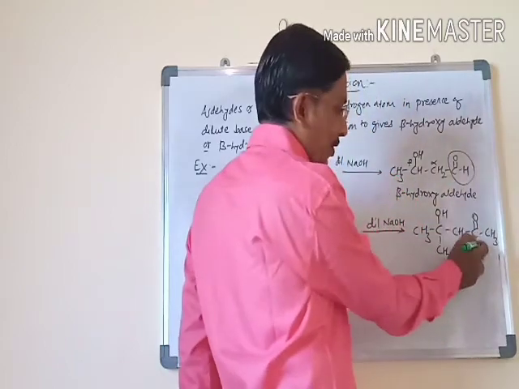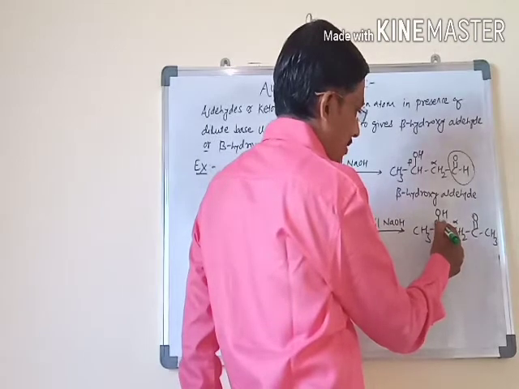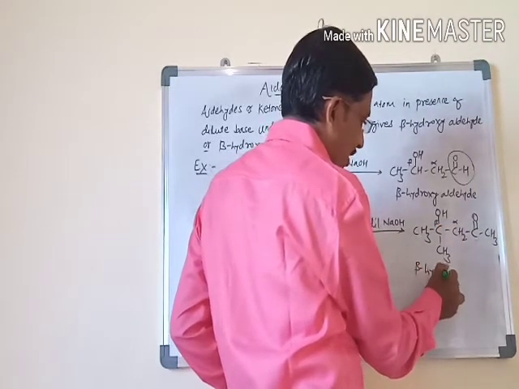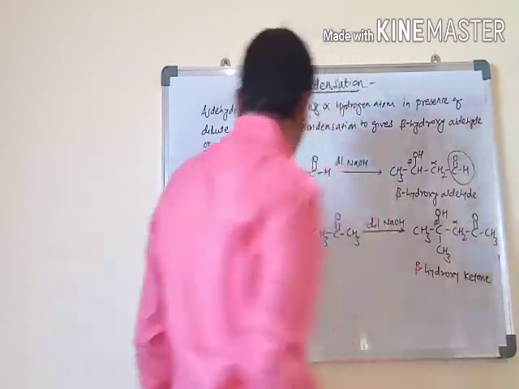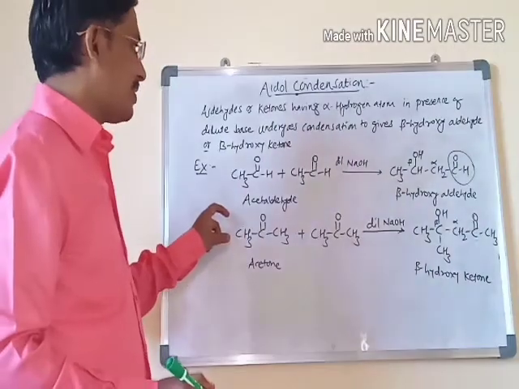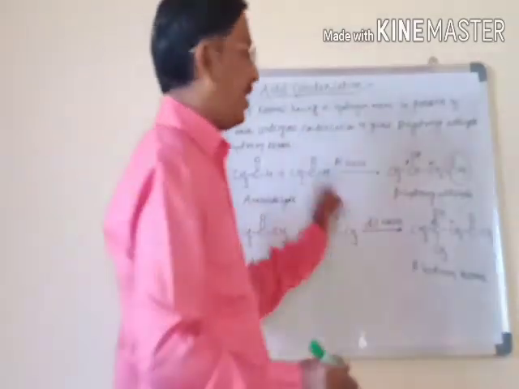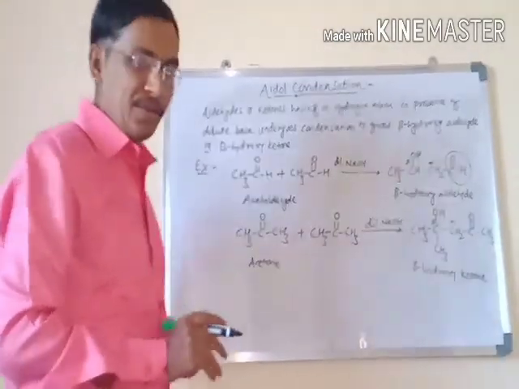Now this is your carbonyl group and your principal functional group. This is an alpha carbon, this is a beta carbon. The name of this product is beta hydroxy ketone. This is again the simple aldol condensation in which the same molecules undergo condensation.